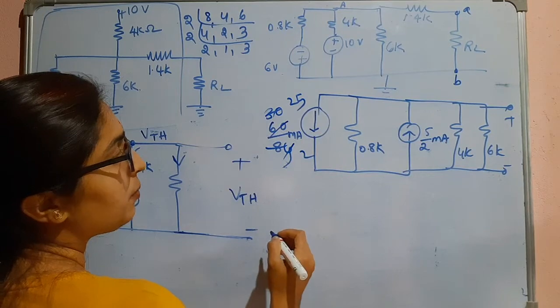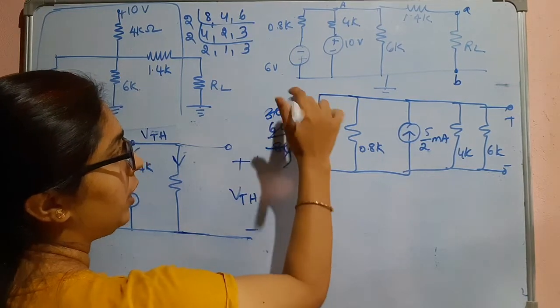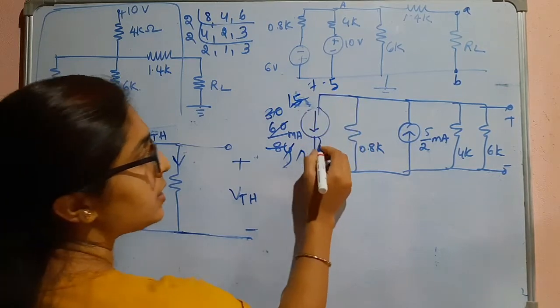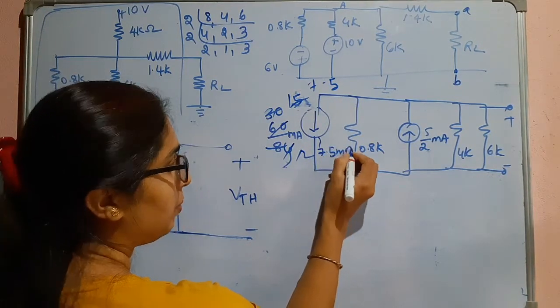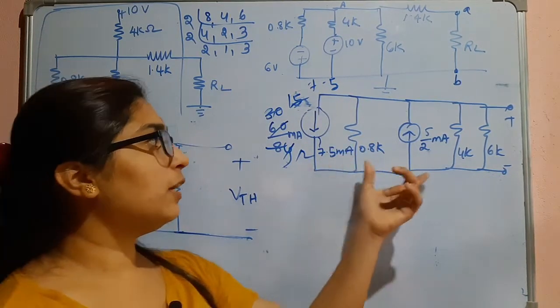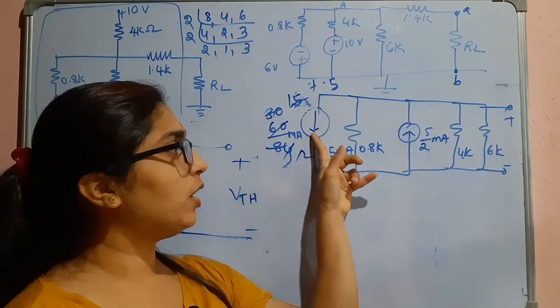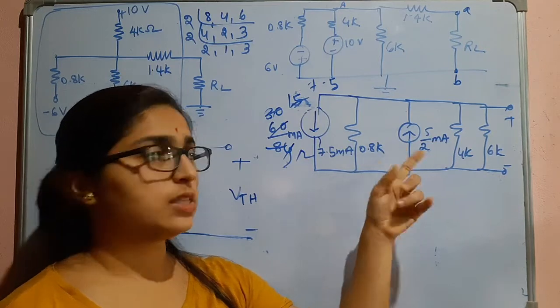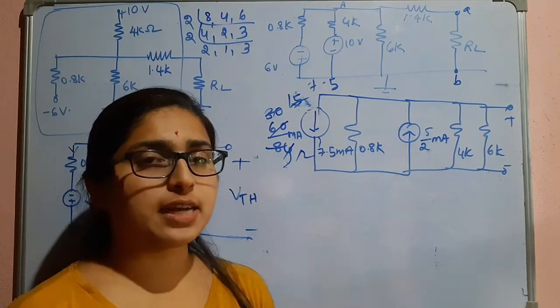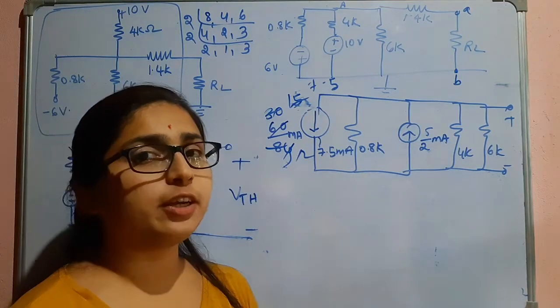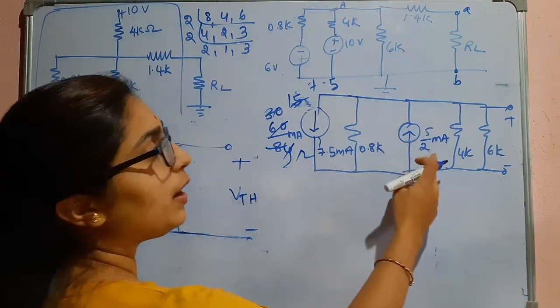So 60 divided by 8, that is 7.5 milliampere. Now to convert this into a single current source, you can see this is pointing downwards and this is pointing upwards. That means they are in opposite directions. So to find the single current source, we have to take the difference: 7.5 and 2.5, that is 5.